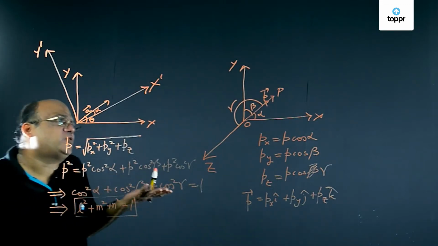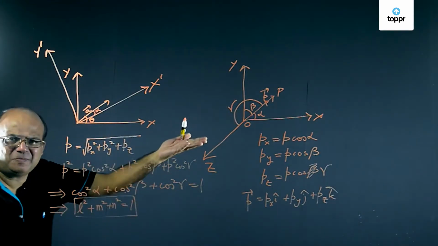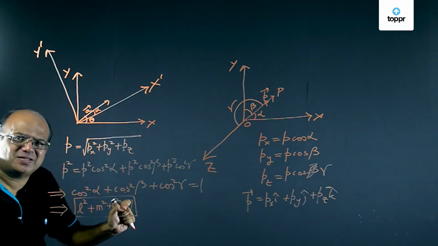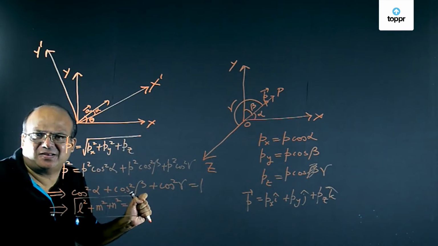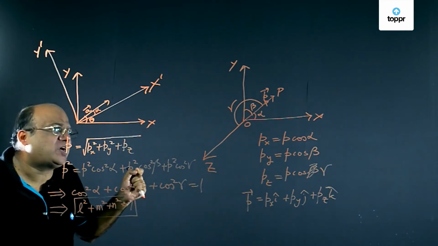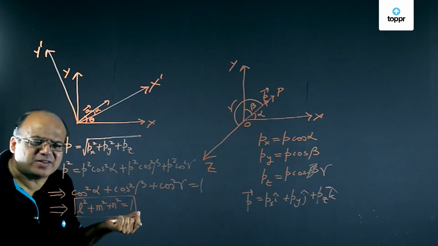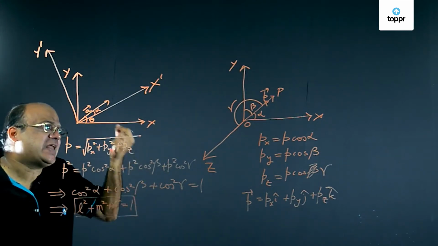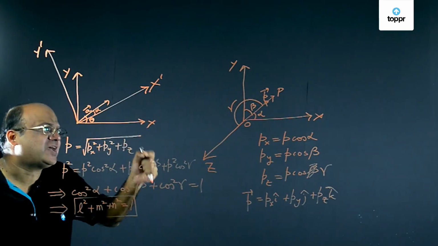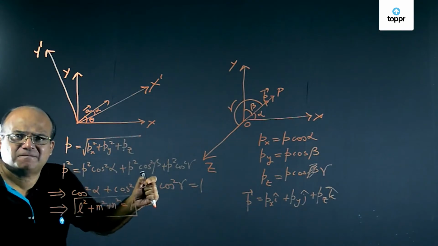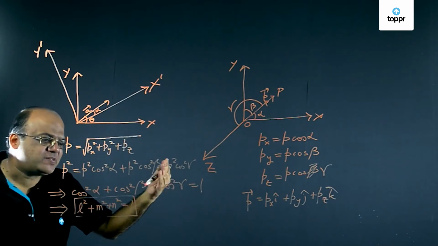Now suppose somebody asks you a question. Some vector, say P vector again, makes equal angles with the x, y and z axis. And they ask you what is the x component of that vector. So how to find that? If it is making equal angles with all the three axes, what does it mean? It means alpha is same as beta is same as gamma. L is equal to M equal to N. So all will be same.